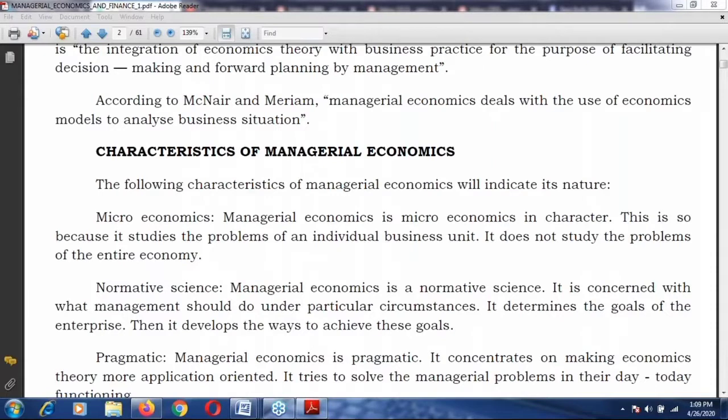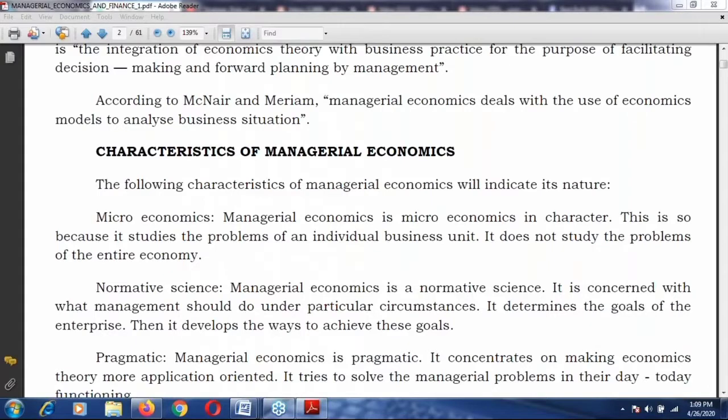Part of the scope of managerial economics is that another task before the manager is the pricing of the product. And since a firm's income depends mainly on the price decision, the pricing policies and all such decisions are to be taken after careful analysis of the nature of the market in which the firm operates.